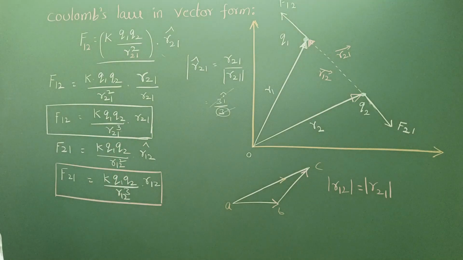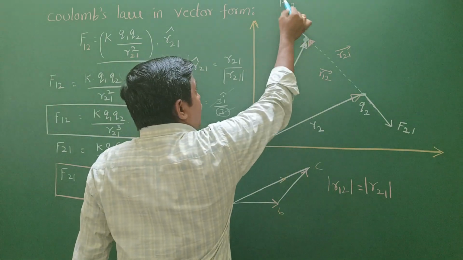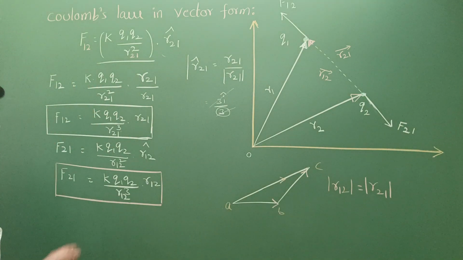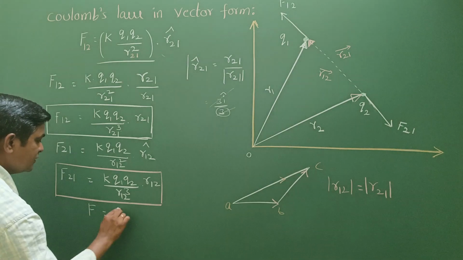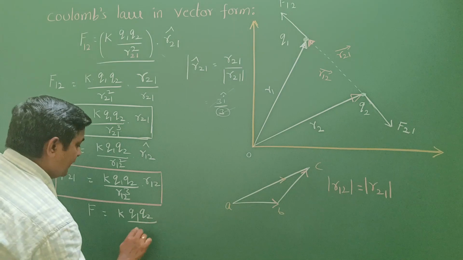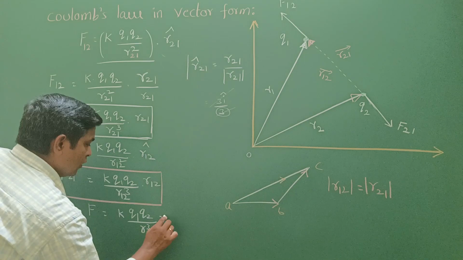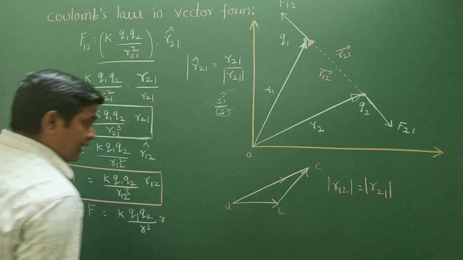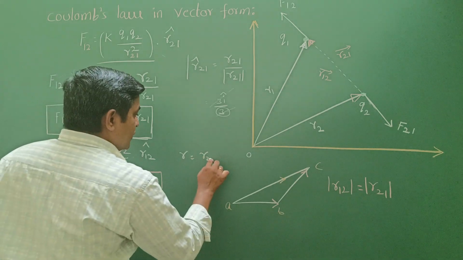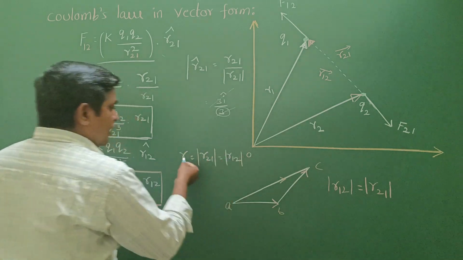So instead of that, simply for applying the common form, whether it may be force 1 to 2 or force 2 to 1, you can write it in the form of F equals K into Q1 Q2 by R cube into R, where R is equal to R2 to 1 or R1 to 2. It's a magnitude I am taking as R.